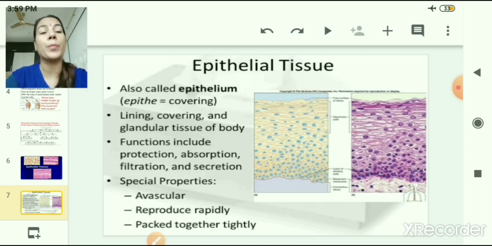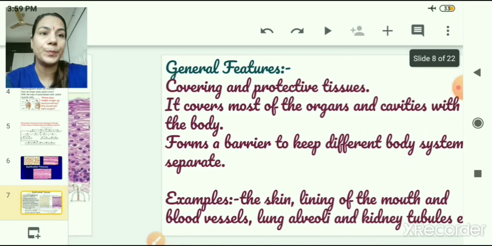Functions include protection, absorption, filtration and secretion, etc. And there are certain specific properties of these epithelial tissues, that is, they are avascular tissues, they reproduce very rapidly and they are packed together very tightly.